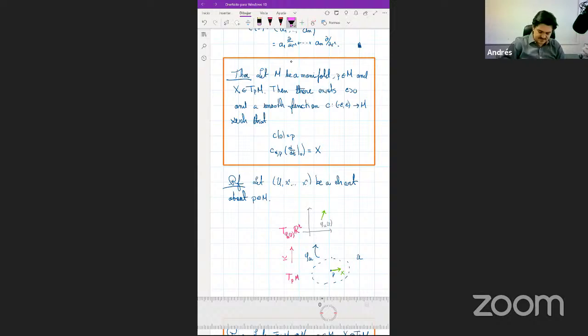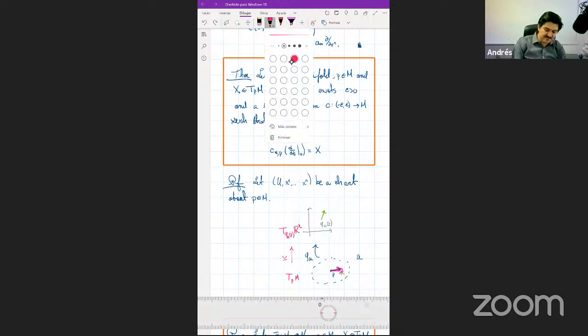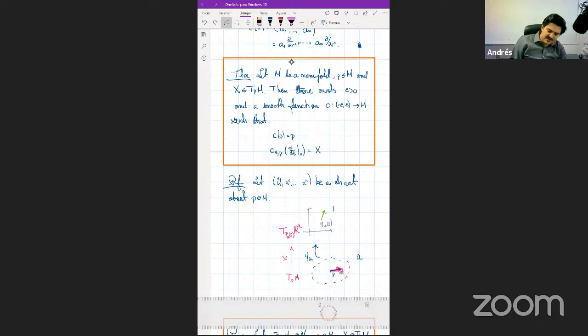Hence, because this is a linear isomorphism, I have a unique vector here where this one goes, right? So that's how we lift this vector to a unique vector here. But here we are on Euclidean space. And here, you know how to solve the problem. You already did.